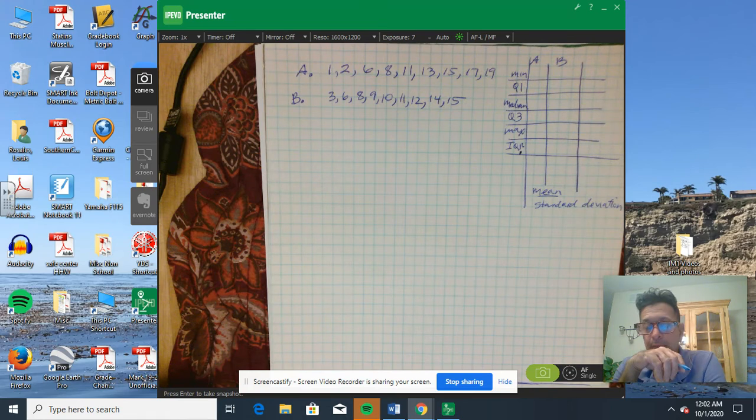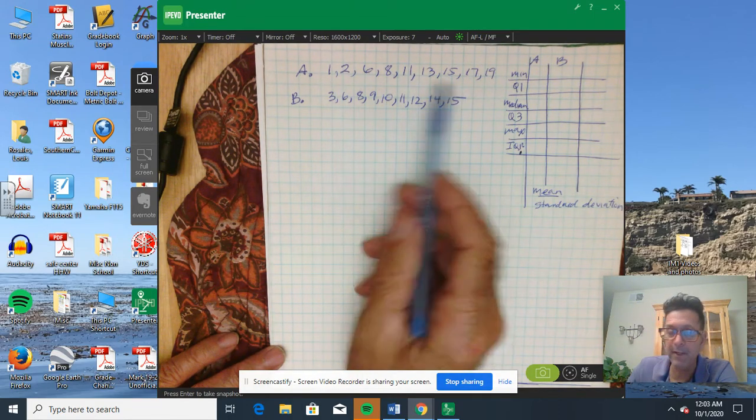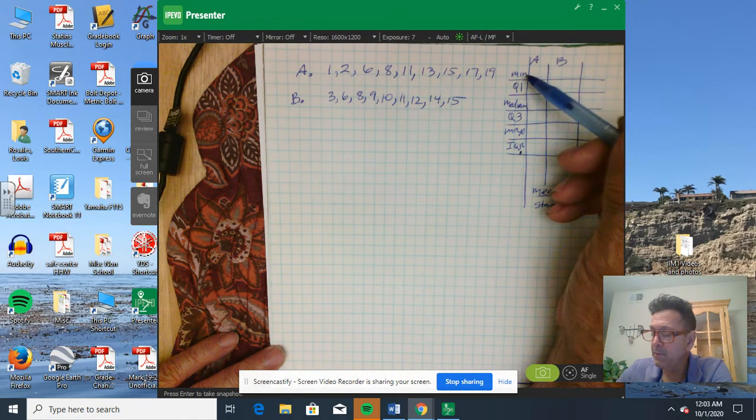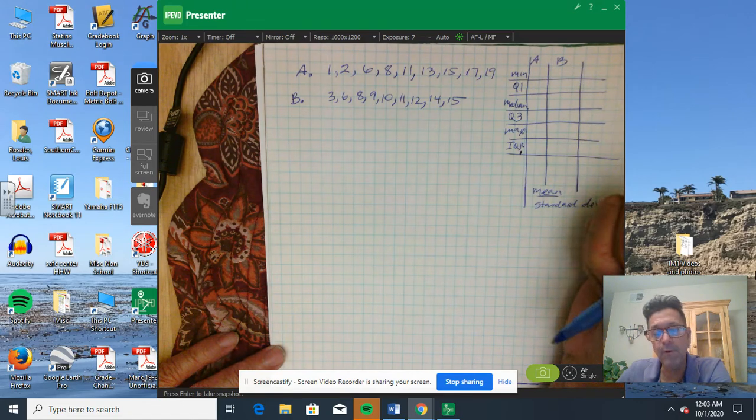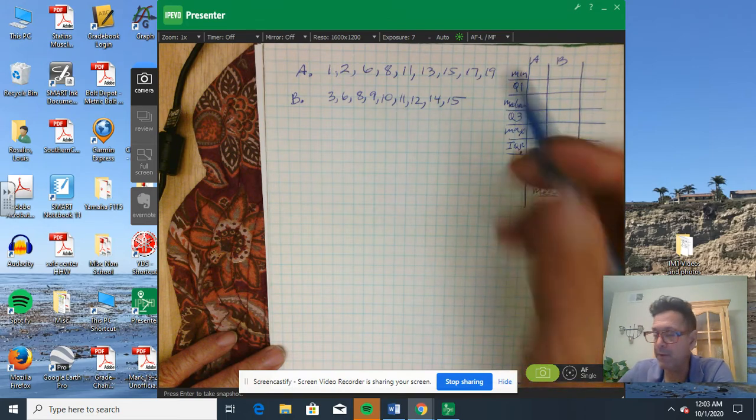The mean and the median give you an idea of what a typical value is. So when we're describing the data, they represent what you would expect to see as a normal value. We're going to look at this data, make box plots for each of them, and compare them. Let's get started.